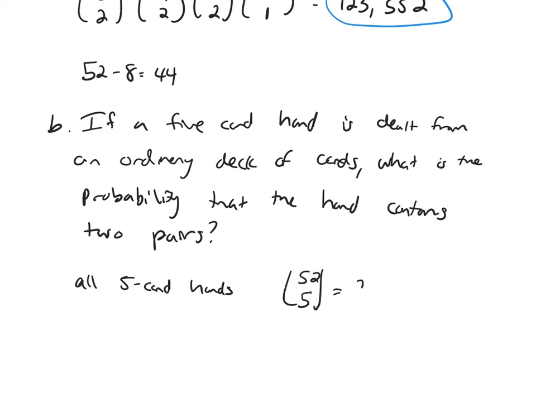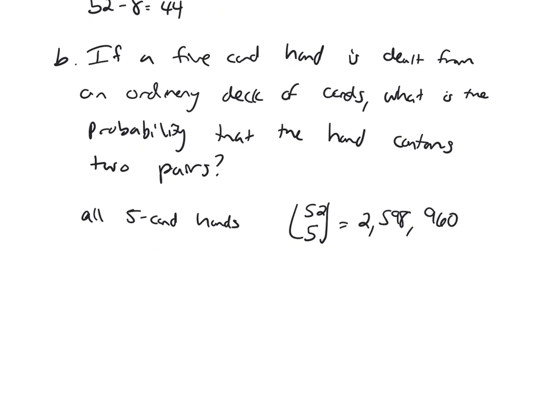So this is 2,598,960. So remember the way probability works. It's a fraction where you put the total number of possible counts in the denominator, and in the top, for your specific event, my event here is the hand contains 2 pairs.